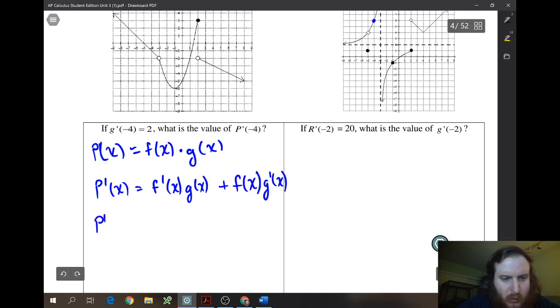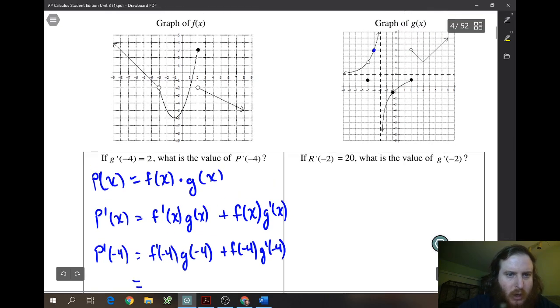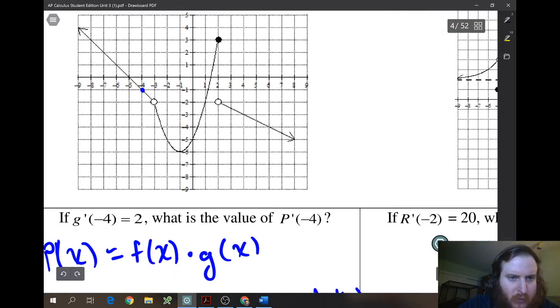Now, we're going to plug in negative 4. So f prime of negative 4 times g of negative 4 plus f of negative 4 times g prime of negative 4. So f prime of negative 4 is going to be the slope, the derivative at negative 4. And if we're looking here, the slope of this line, it's a line, is down 1 over 1, down 1 over 1.